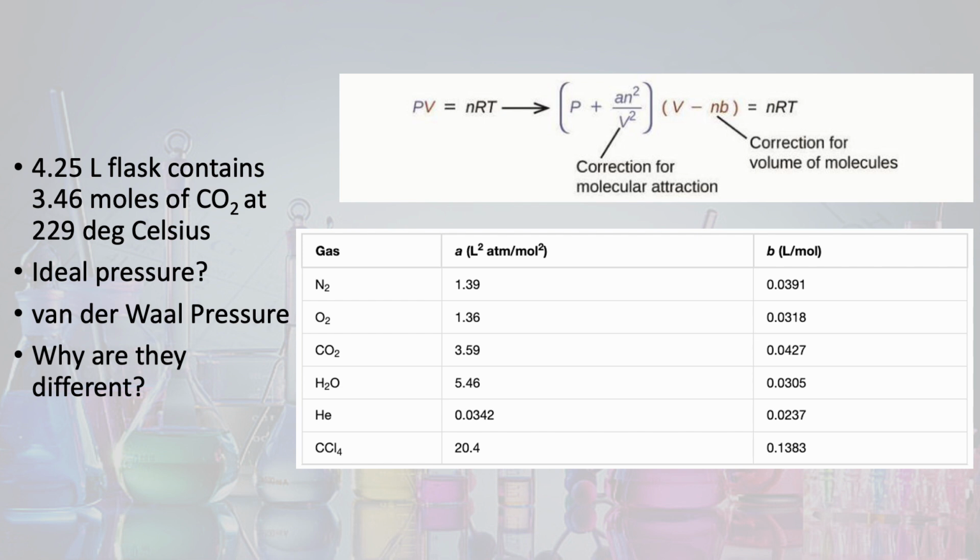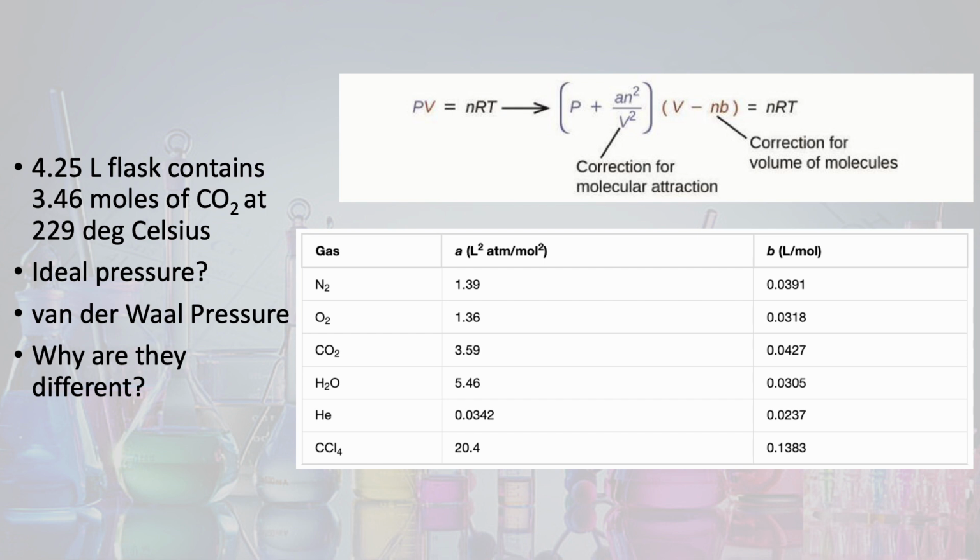So you should have come up with roughly 33.5 atmospheres of pressure if carbon dioxide behaved ideally, versus 32.4 atmospheres of pressure using our experimentally derived correction factors here, right? And so why are they different?